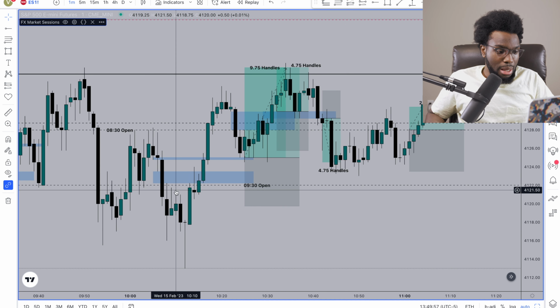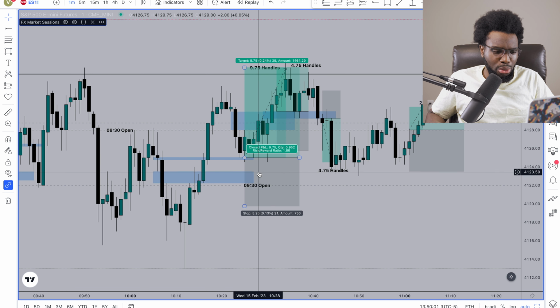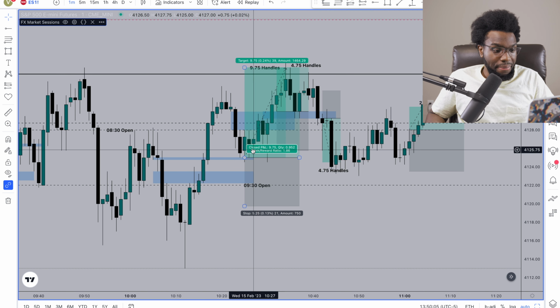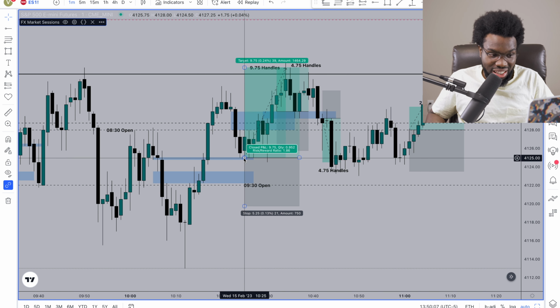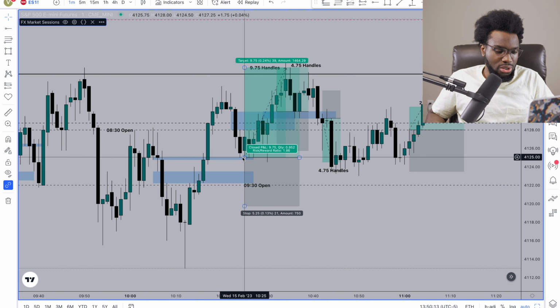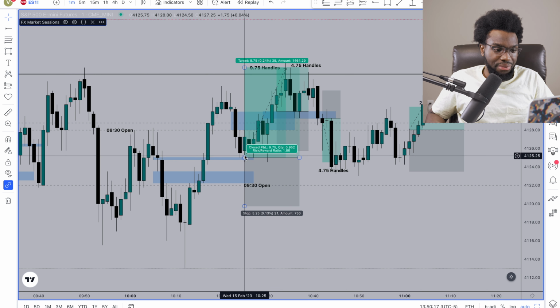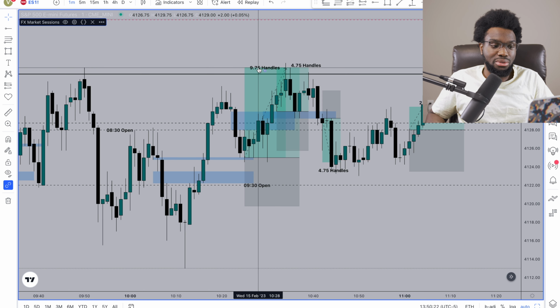Now this trade, market structure shift right here. I was expecting it to get down here, but it didn't want to go all the way to give me that discount, which was fine. And then I got in on this candle, this gap right here. My stop was right below this, and then I took it all the way up, and that was again under 9.75 handles.